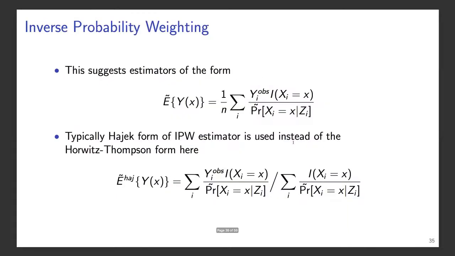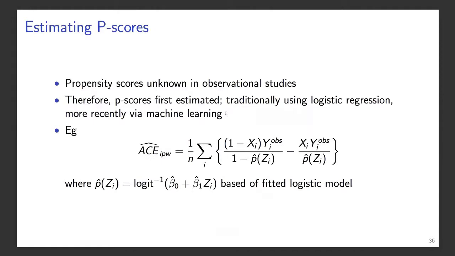These propensity scores, the pieces in the denominator here, that piece in the IPW estimator, are typically not known in observational studies, so we have to estimate them. What's traditionally been done is something like logistic regression. So you fit a logistic regression model where the exposure, X, is the outcome, and the predictors are your covariates.